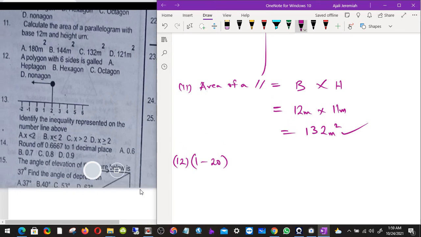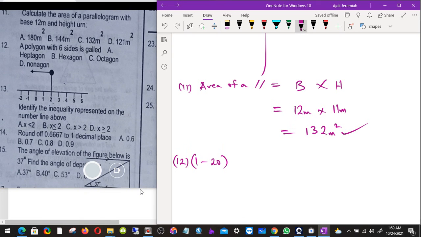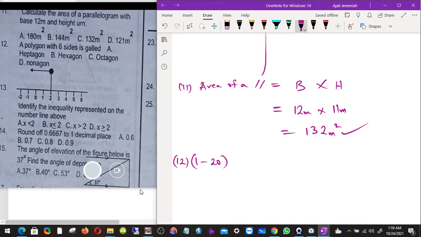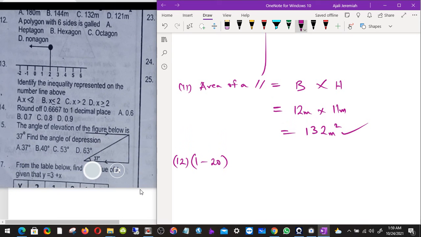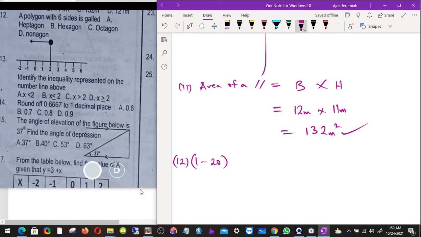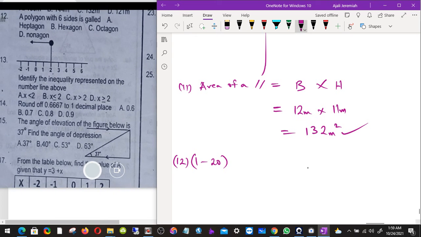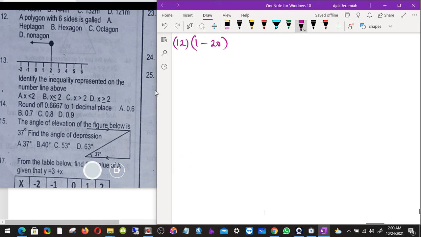Number 13 says identify the inequality represented on the number line above. Okay, so if you look carefully at that inequality, there are some key features you must observe. Number 1, you can see the inequality is pointing in this direction, and this is the less than direction.